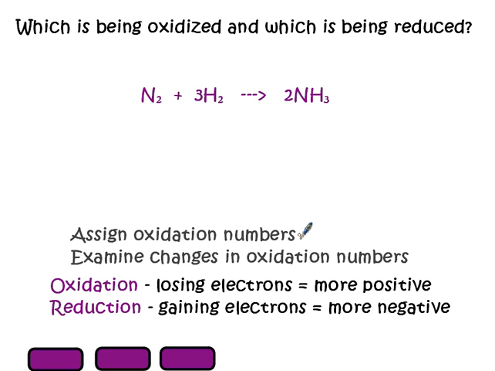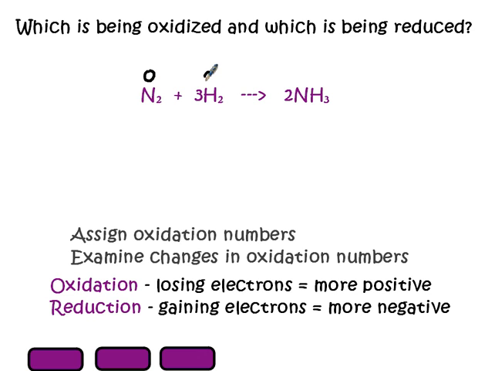If you don't know how to assign oxidation numbers, I have a video in my collection that tells you how. You may want to go watch that one before you become confused by me assigning these oxidation numbers quickly. So we learned in that other video that the nitrogen here is a pure element, so it's going to have an oxidation number of 0.